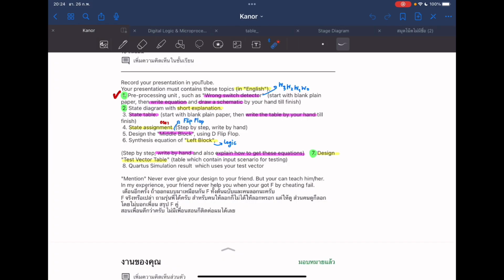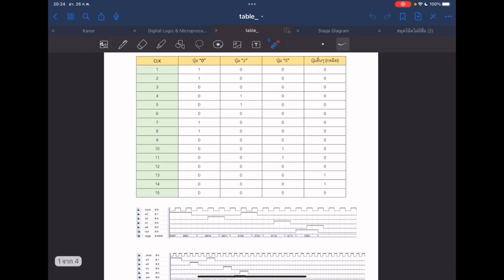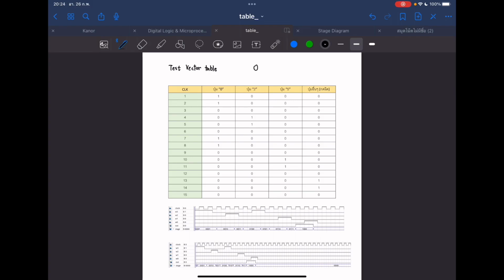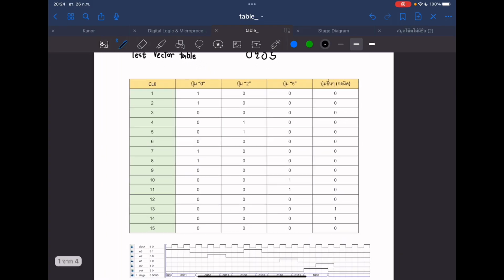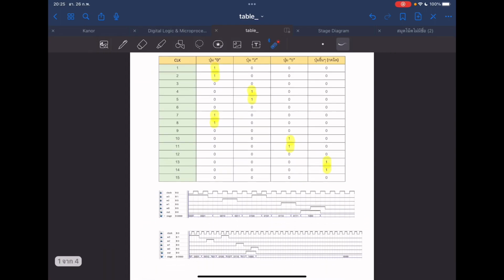The next one, and this is logic, I already did it. And next one is design test vector table, and this is my vector table. The first, my number is 0 to 0, 5, and then we press 0 to and then 0, 5, and then we press the wrong switch.